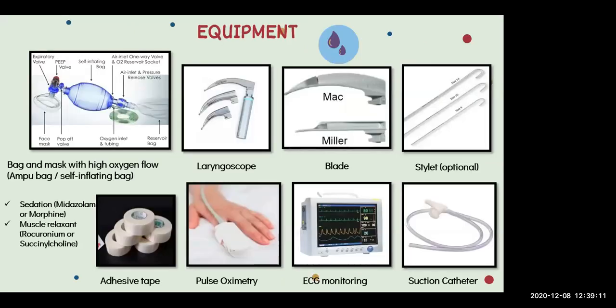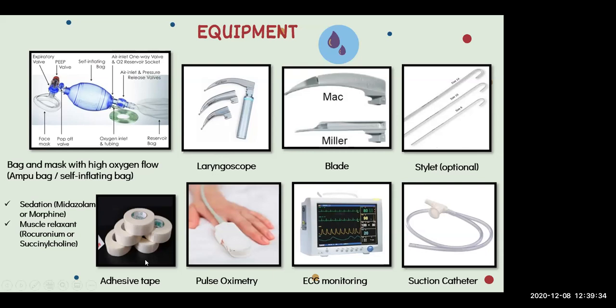So this is the list of equipment needed in endotracheal intubation. The first one is bag and mask with high flow oxygen. Second is the laryngoscope. Third is the blade, and fourth is the stylet, which is to guide and is optional.